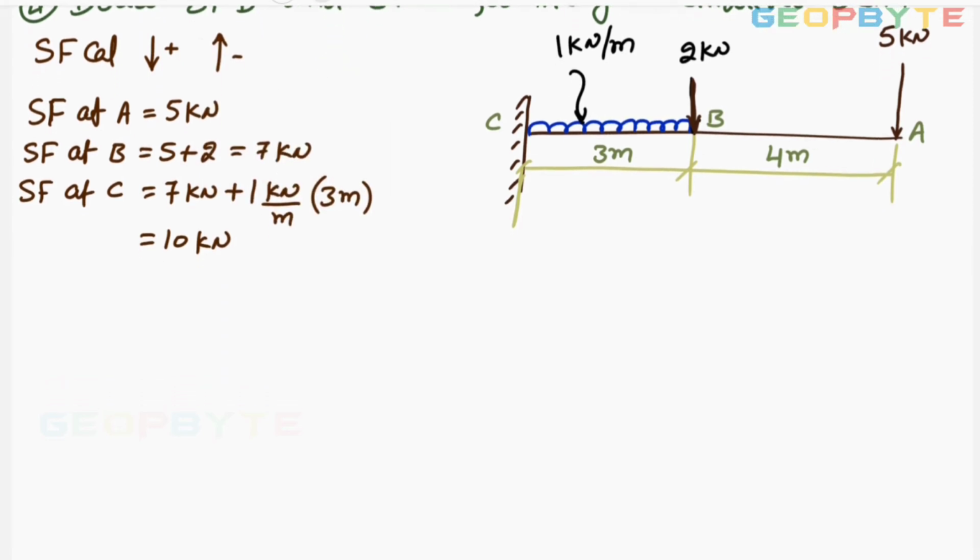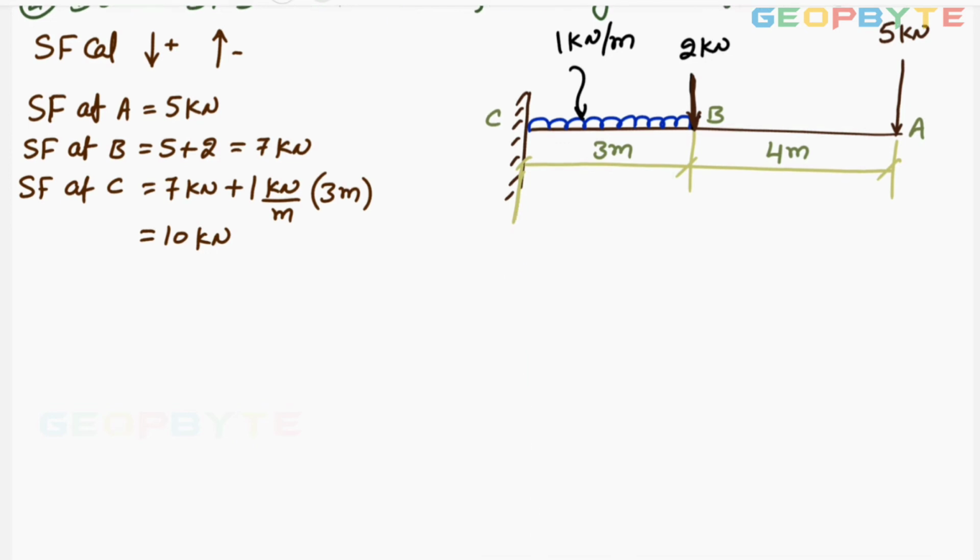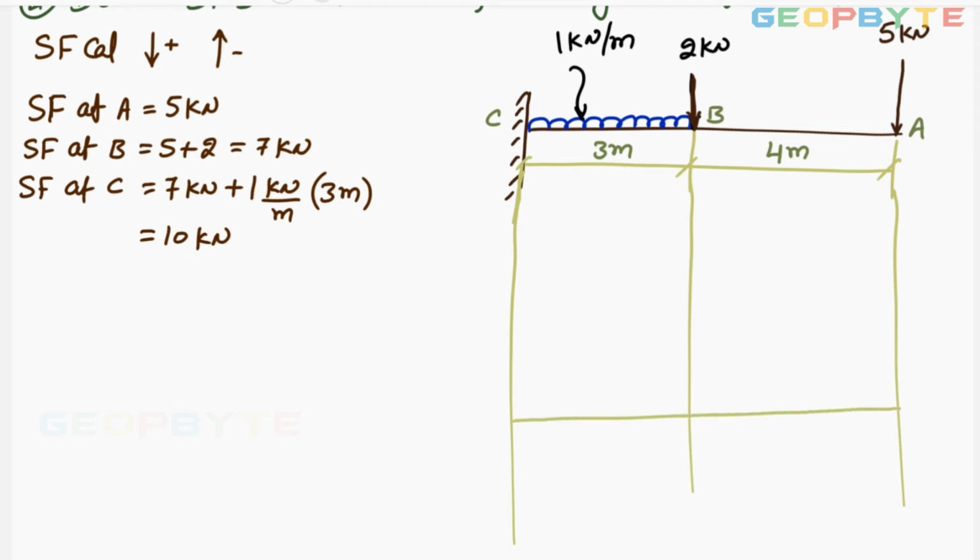Now I am going to construct the SF diagram, shear force diagram. Let us construct the SF diagram. For that, project the reference lines like this. You take a reference line.